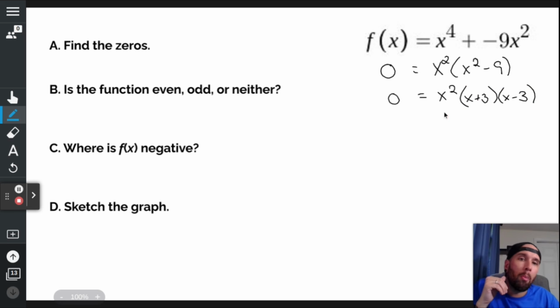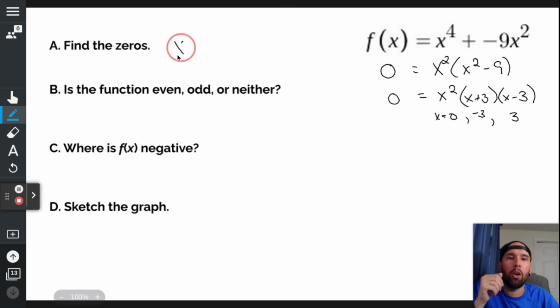So my zeros are x squared equals 0, multiplicity 2, -3, and positive 3. So my zeros are x equals 0, -3, positive 3.